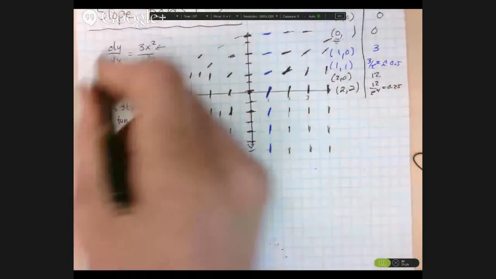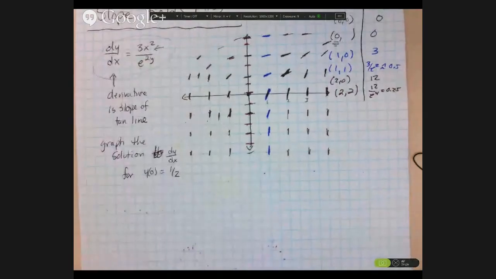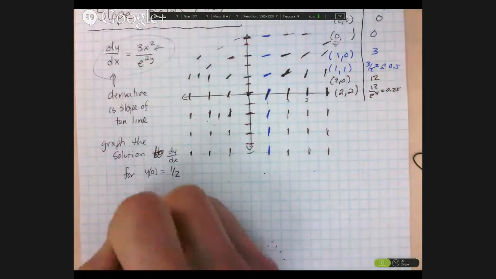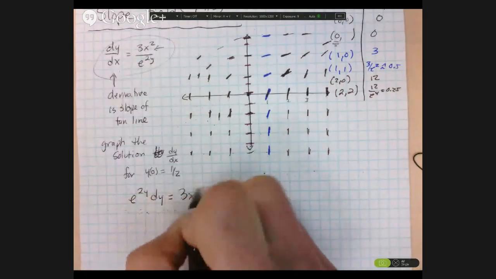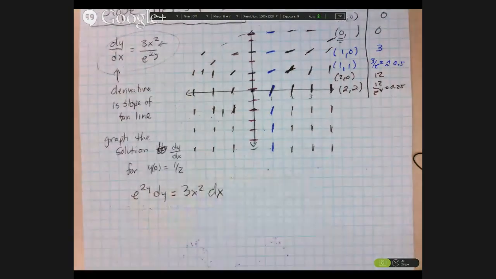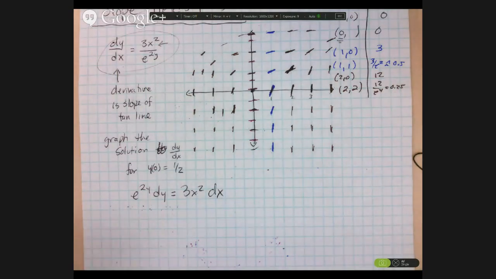So this is our differential. I'll separate the variables and integrate.